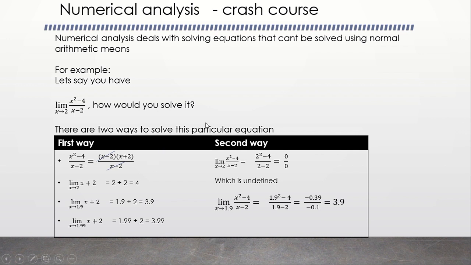So, let's go to the second way and the second method, which is the limit as x approaches 2 of (x squared minus 4) divided by (x minus 2), which is equal to (4 minus 4) divided by (2 minus 2), which is 0 divided by 0. And you know this is undefined.